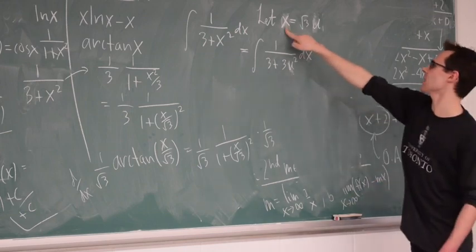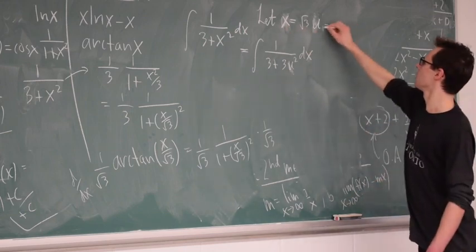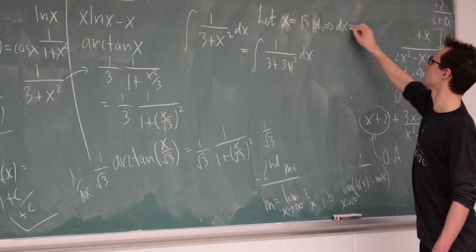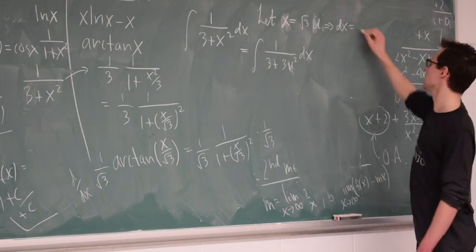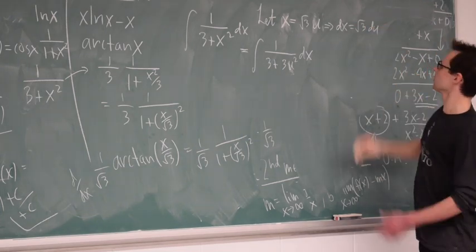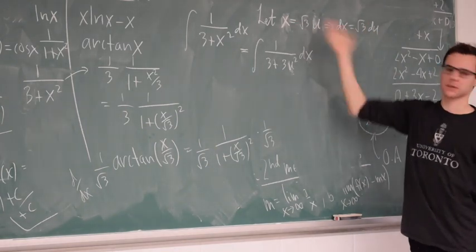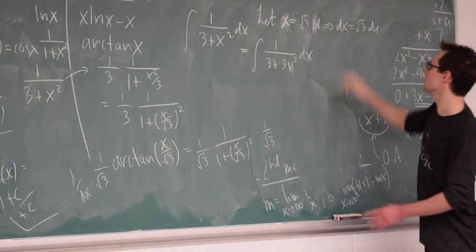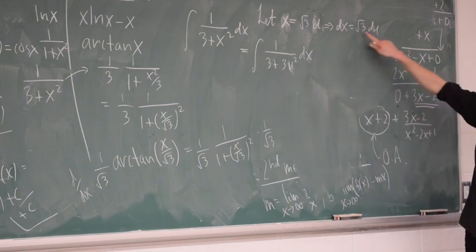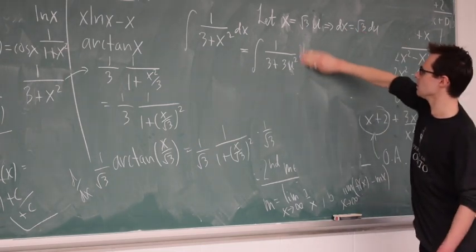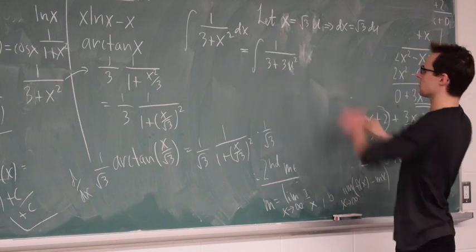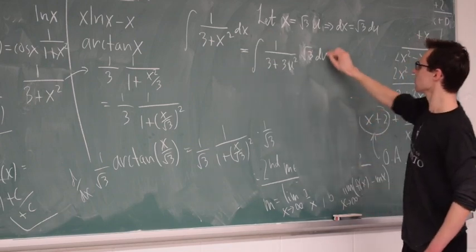So if we set x equal to root 3u, what is dx? It's root 3 du, okay? Just take this formula and differentiate it as if x was just a function of u, okay? Differentiate it, dx is root 3 du. So we replace the dx with root 3 du.